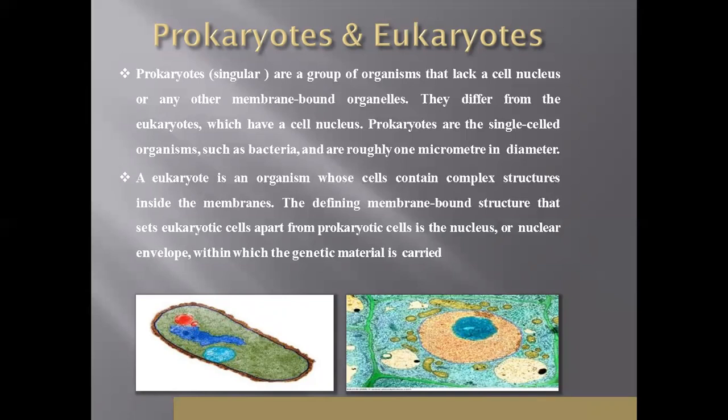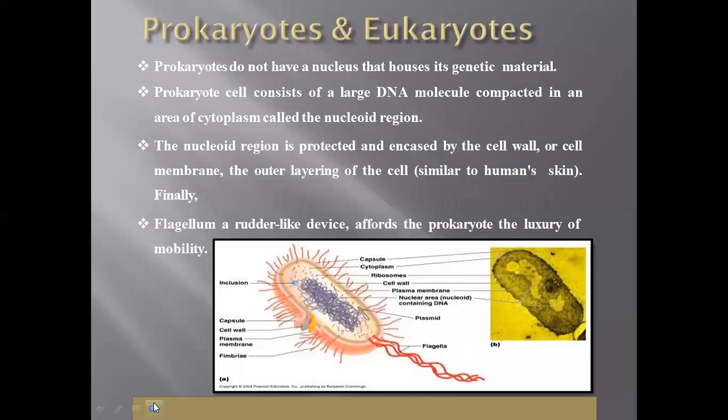What is the meaning of membrane-bound cell organelle? It means an organelle that has a membrane. Those organelles are absent in prokaryotes, whereas in eukaryotes everything is present. The nucleus is present, and all the membrane-bound cell organelles are also present. Prokaryotes do not have a nucleus that houses their genetic material.